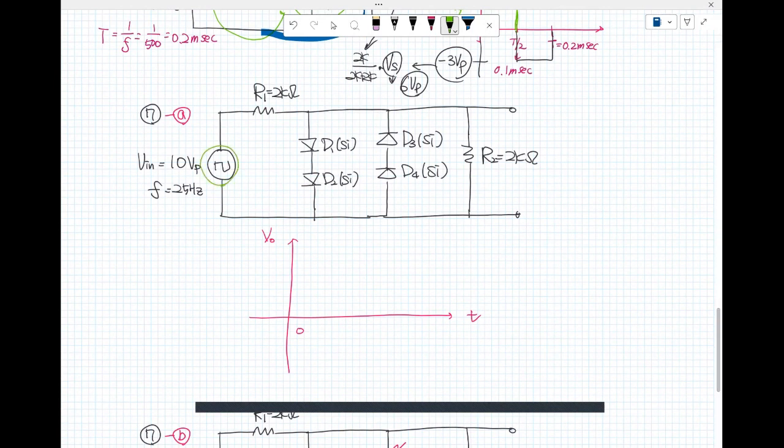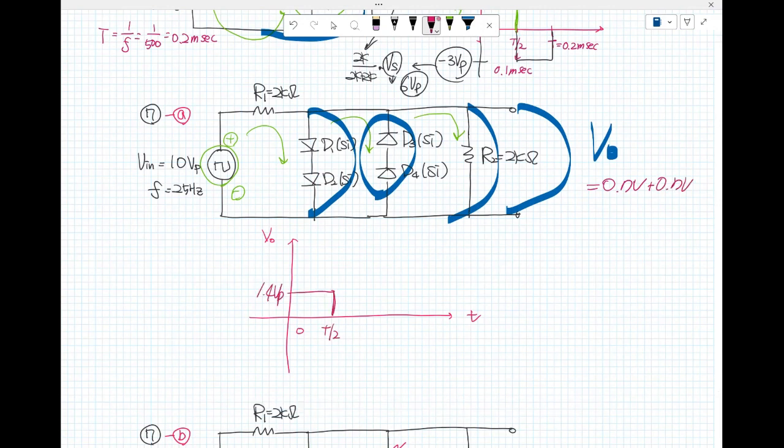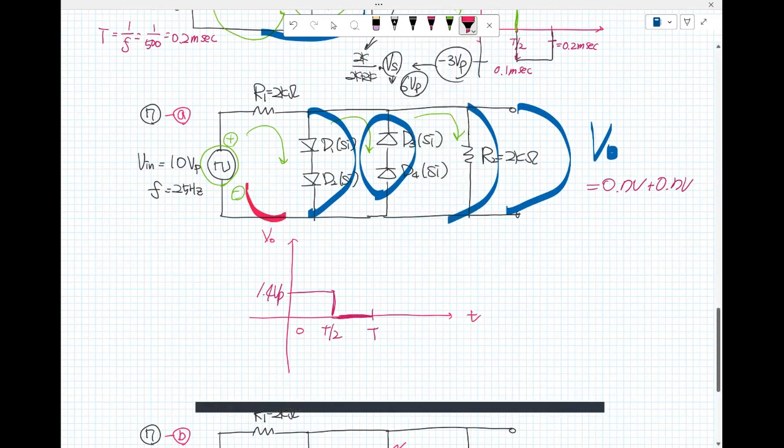So that was what? The rectangular plus minus 2A. That is what? The open circuit. So that was V sub 0. So that was 0.7. 0.7 plus 0.7 is what? 1.4, T over 2, T. So how about this one? Negative cycle.